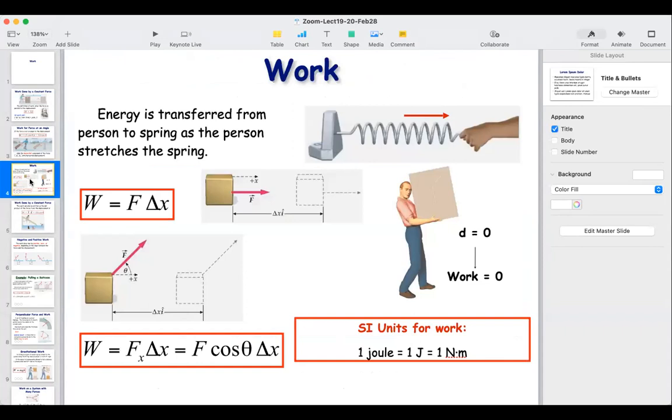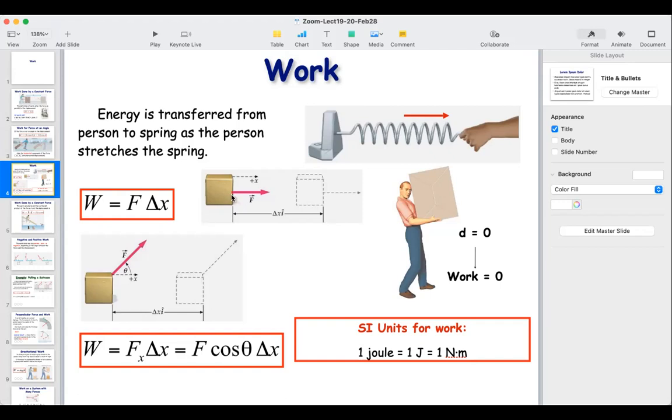So let me give you the examples. The energy is transferred from person to spring as the person, for example, stretches the spring. And this is what defines the work. So the work again is F delta x, because there is a displacement in this case.